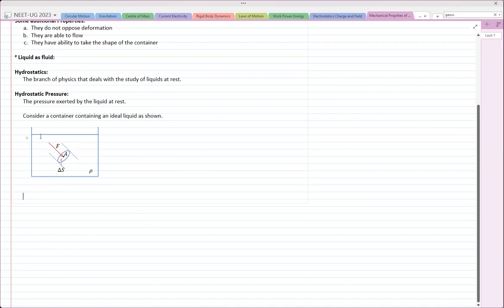So what I'm doing is, there is some liquid, let's say ideal liquid of density, and let the density be rho, Greek letter rho. Okay, so this is the liquid. Now let डेल्टा S, लिखा है ना, वो डेल्टा S की बात कर रहा हूं मैं.